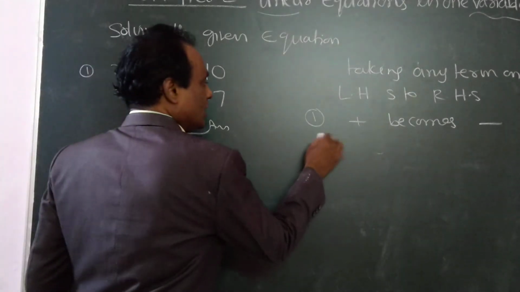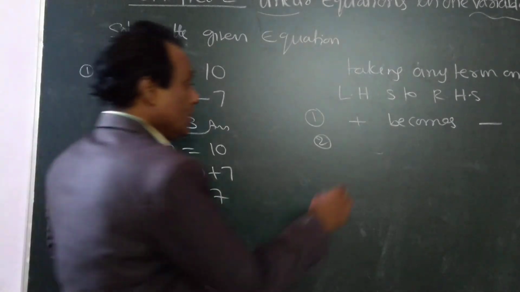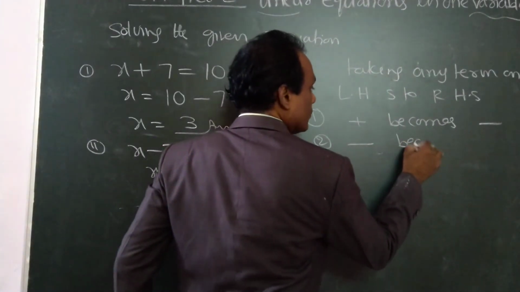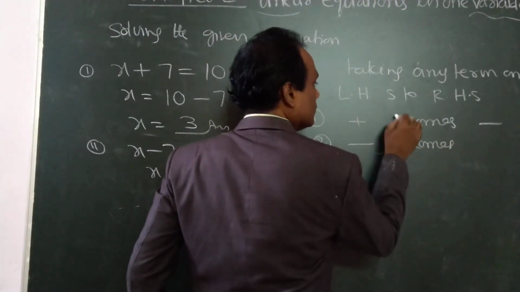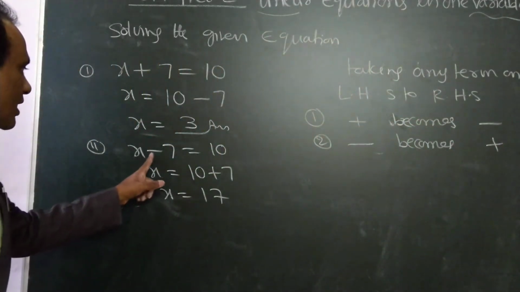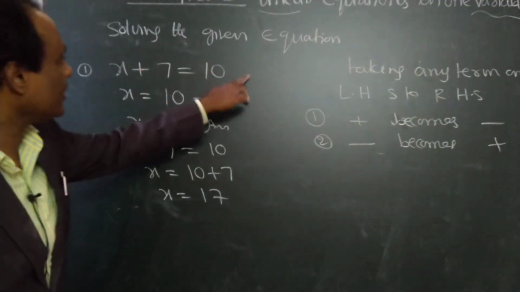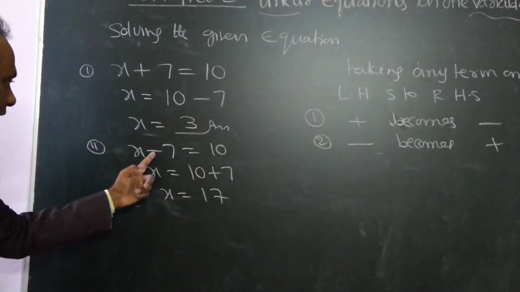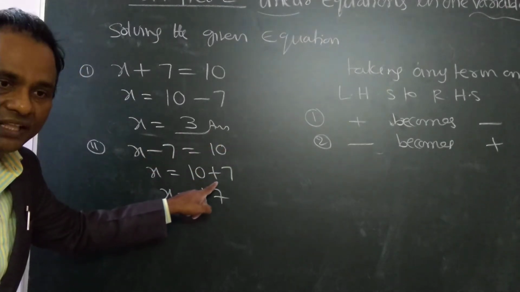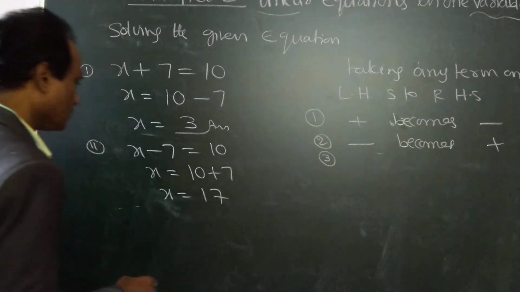That means if it is minus, if you take it to the right side, it will become plus. Minus becomes plus. If it is plus, if you take it to the right side, it will become minus. If it is minus, if you take it to the right side, it will become plus. Like this. Next. Don't write.